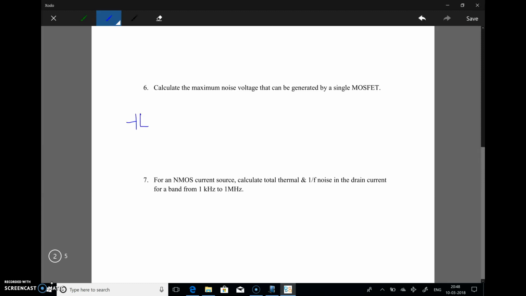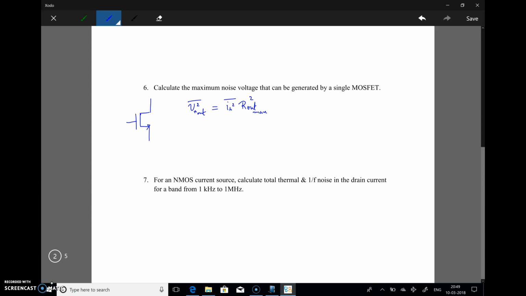So this is the MOSFET, and the question is to find Vn square out bar maximum. To find the maximum output noise voltage, I can write this as In square bar, which is the noise current, multiplied by R out square, and when your R out is maximum, your noise voltage is also maximum.